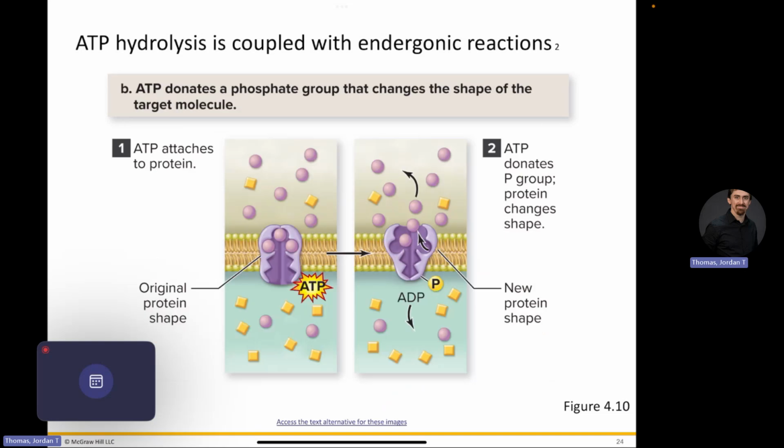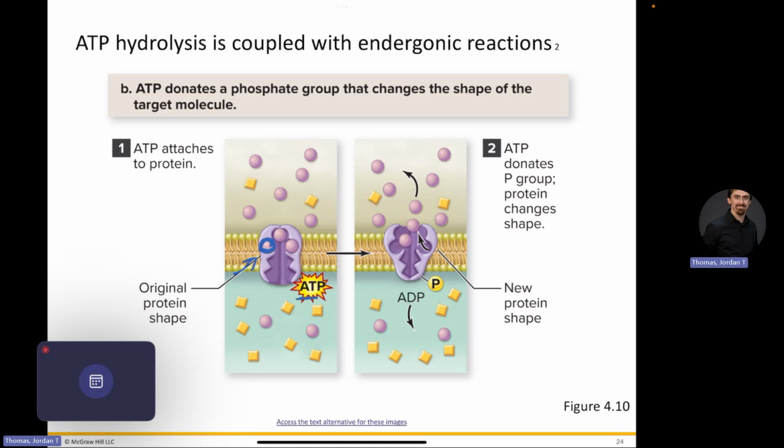In this example here, we can see how ATP is used to work on a protein. So this right here, this purple structure right here, is what's called a pump. It's trying to push these molecules right here out of the cell, or to the top part.